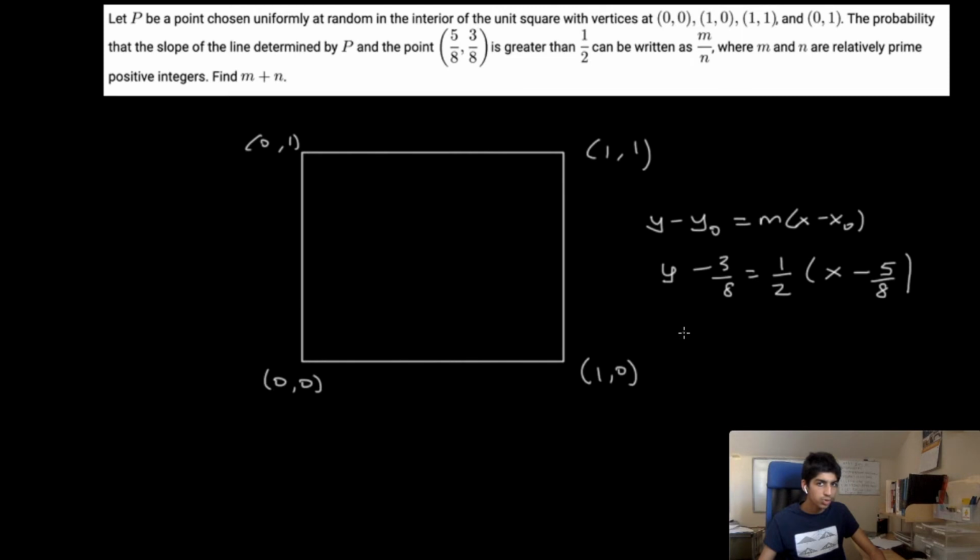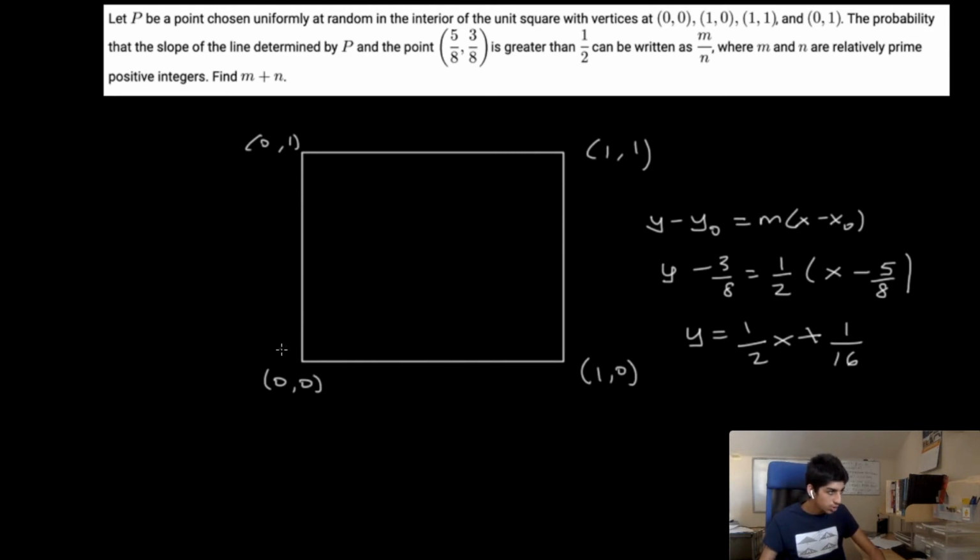Simplifying this, you get the equation y is equal to 1/2 x minus 5/16 plus 3/8. 3/8 is 6/16, so minus 5/16 plus 6/16 is 1/16. So we have a plus 1/16 over here. So let's draw this line.